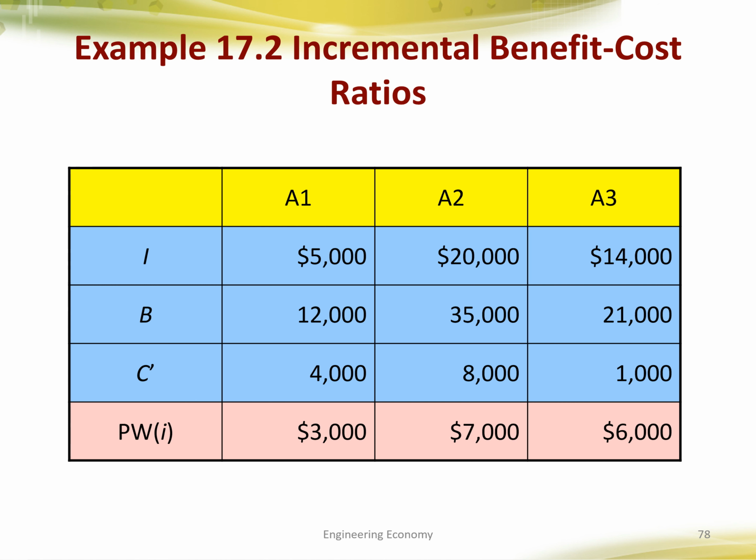Although by looking at their present worth we know that A2 should be the best, let's go through the incremental benefit cost analysis and see what result comes out.